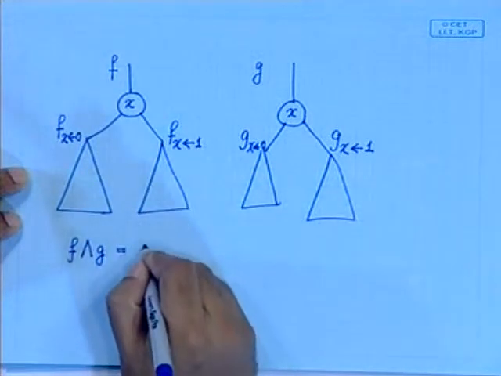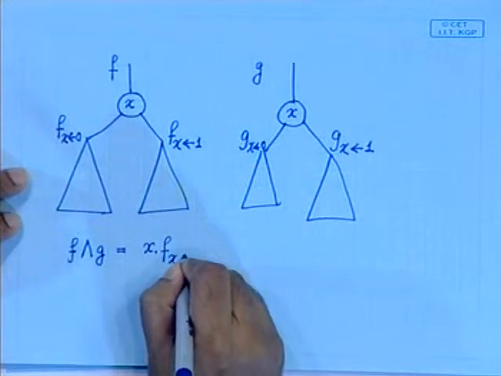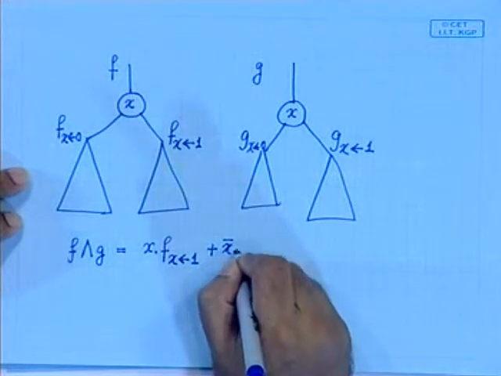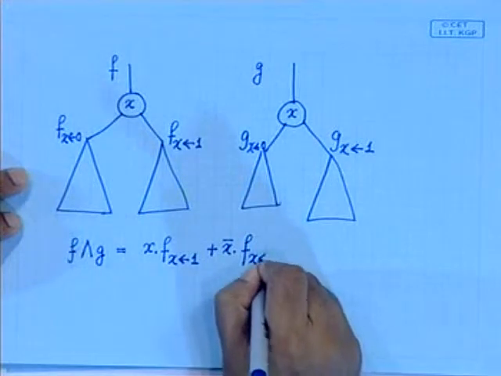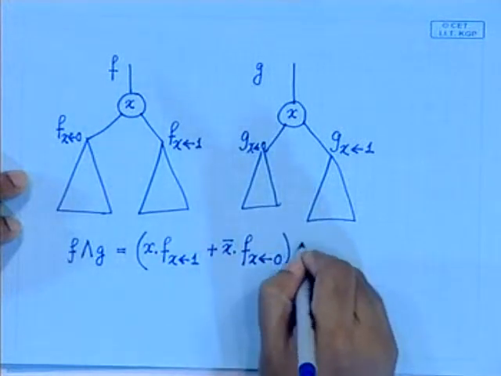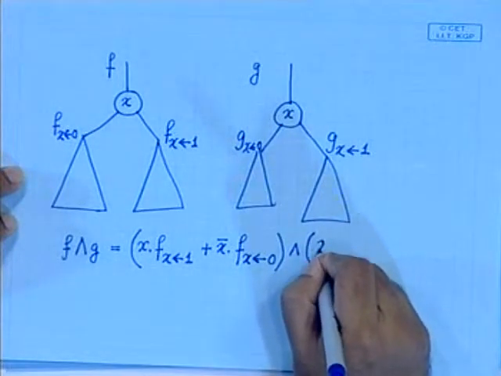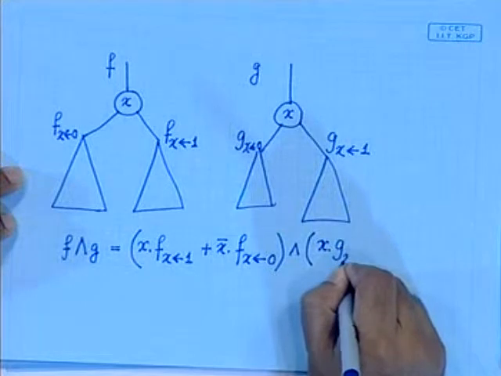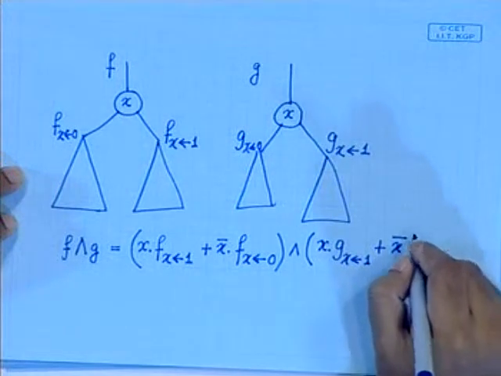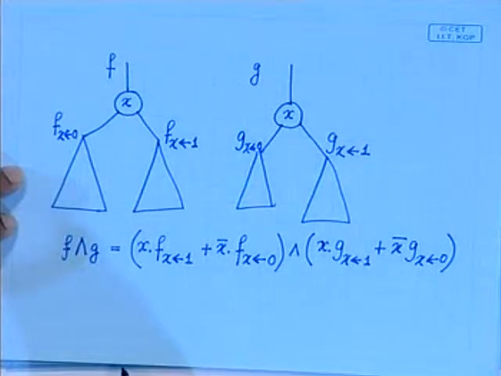I can rewrite this as x times f with x restricted to 1, plus x bar times f with x restricted to 0. This is Shannon's expansion, and this is with g with x restricted to 1 and g with x restricted to 0.